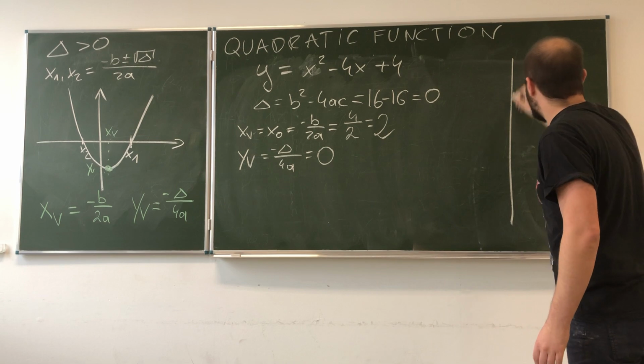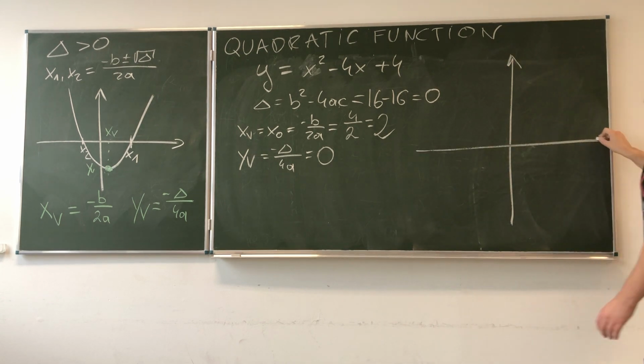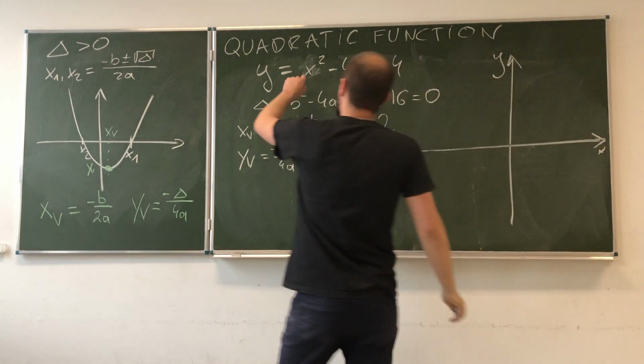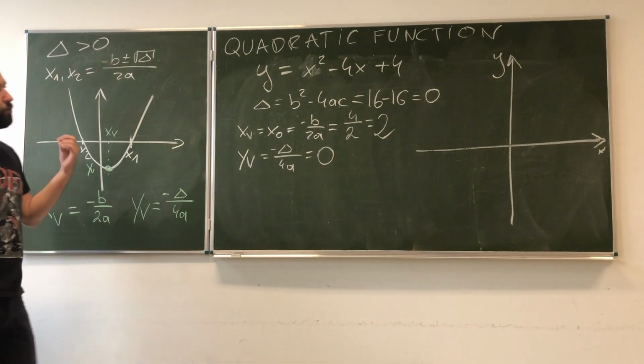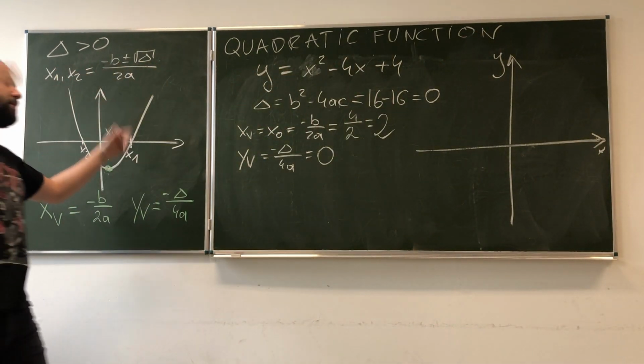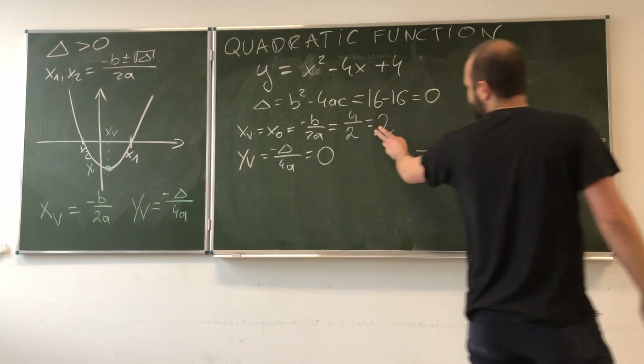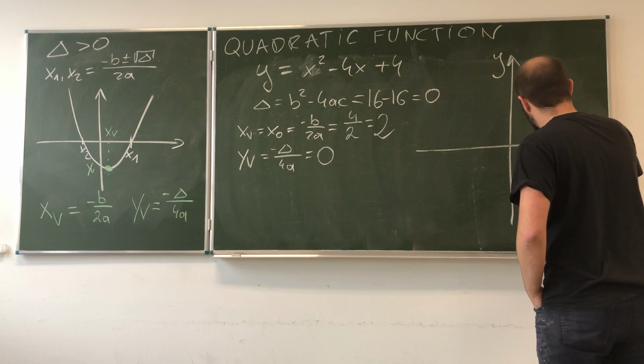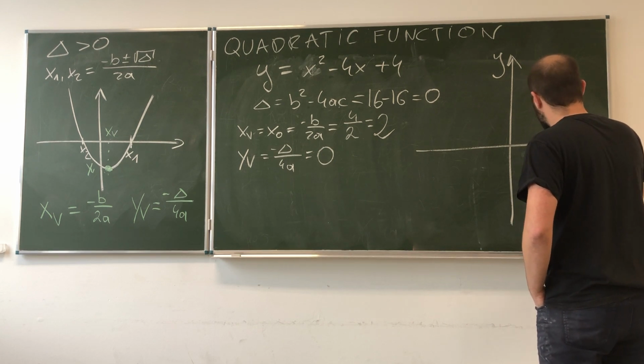Look. The coefficient on x squared is 1, it's positive, so the parabola will have its arms up. Now, we know that x0 of the vertex is at 2.